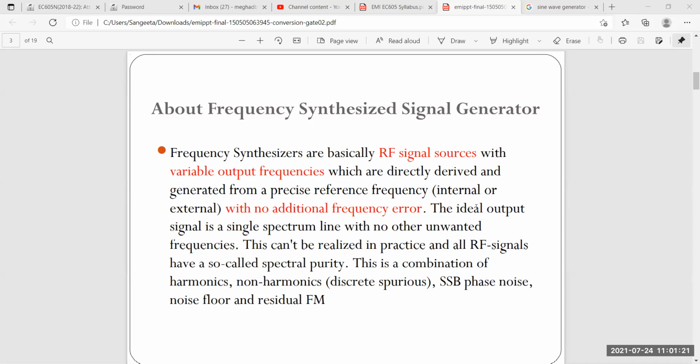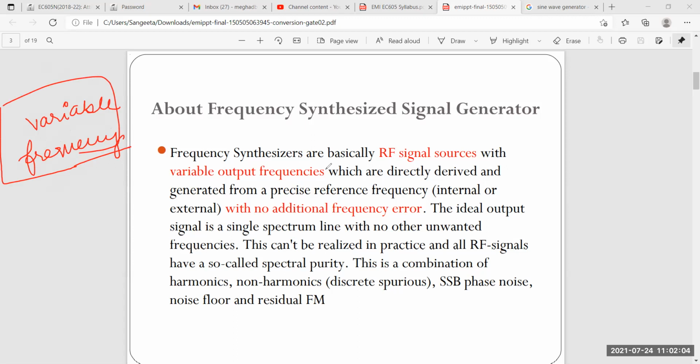Now, a frequency synthesized signal generator basically allows you to generate a signal that has a variable frequency over a wide range. So frequency actually matters. The main thing is the variable frequency. It will generate a signal that will have a variable frequency over a wide range.